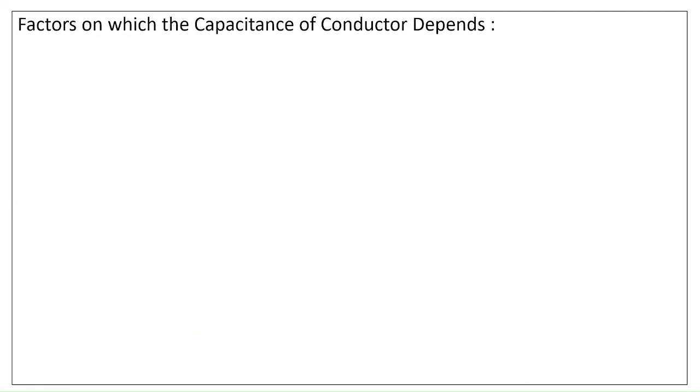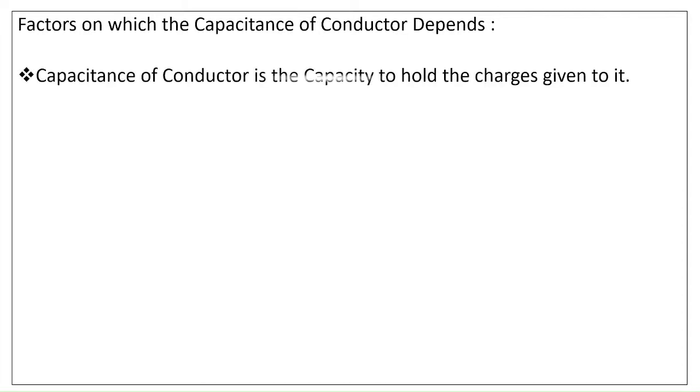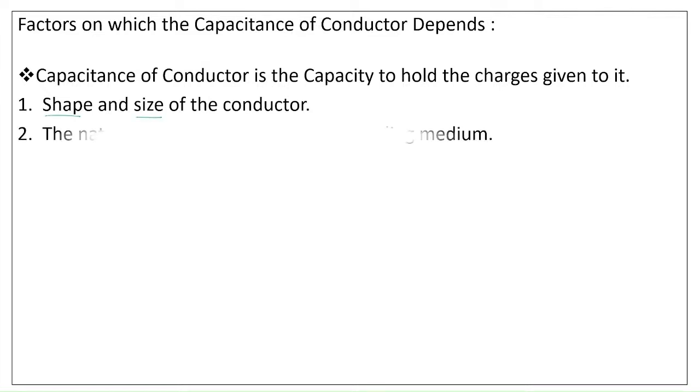Next, factors on which the capacitance of a conductor depends. Capacitance of a conductor is the capacity to hold the charges given to it. It depends upon the following factors. They are: 1. Shape and size of the conductor. 2.